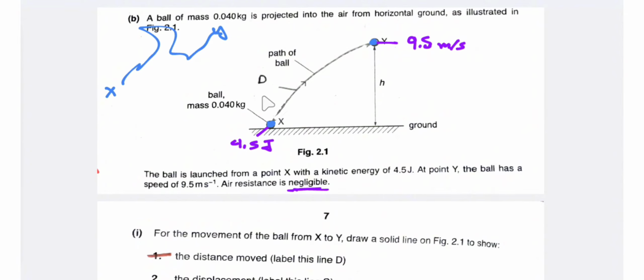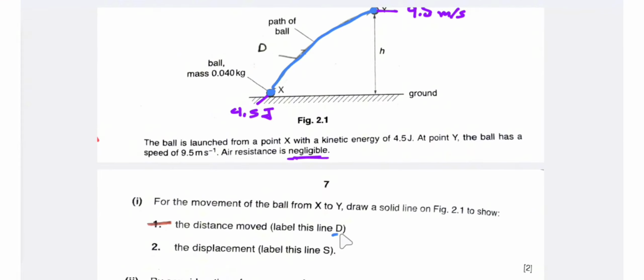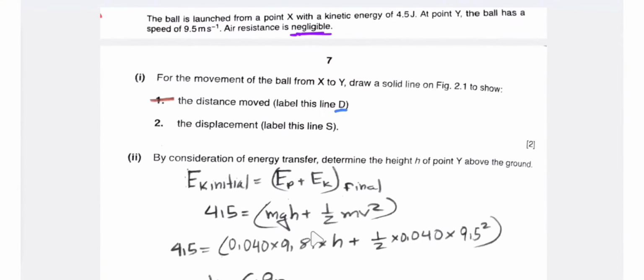Distance is the total distance covered by the object, and we denote this by D. Then displacement, label this line S. Displacement is from the starting point to the ending point, a straight line, and this is denoted by S.